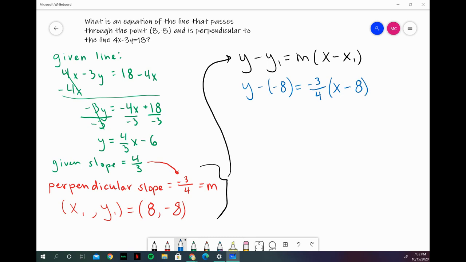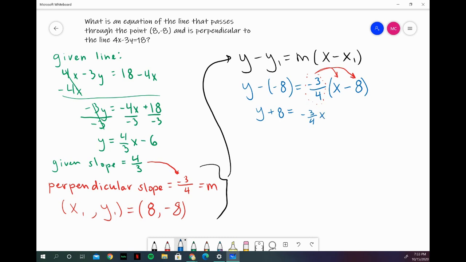So now I'm just going to simplify this equation. Y minus negative 8 is the same thing as y plus 8. And on the right side, I'm going to distribute this fraction negative 3/4 into both terms in the parentheses, and distribute means multiply. So negative 3/4 times x is negative 3/4 x.